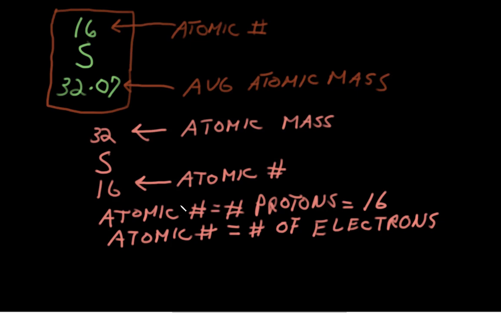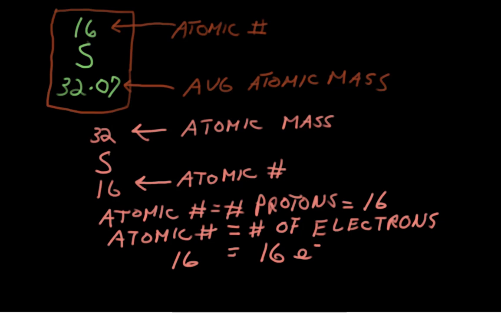So our atomic number for this particular example is 16, so we will have 16 electrons. That's kind of the beauty in the periodic table. You can always find the number of electrons by looking at the atomic number.